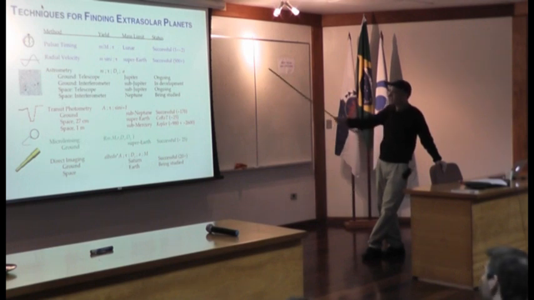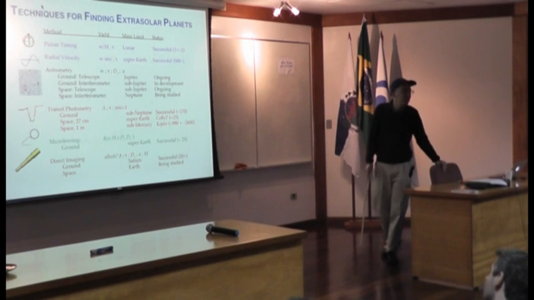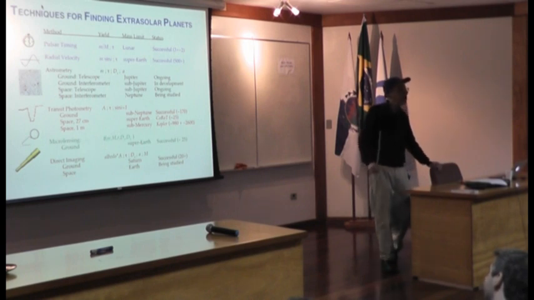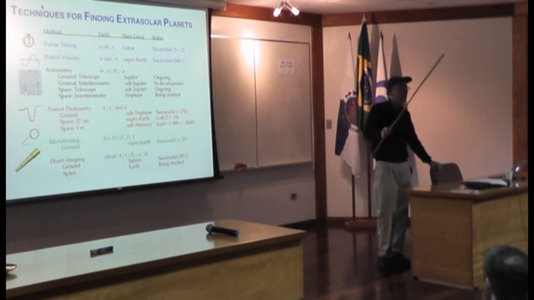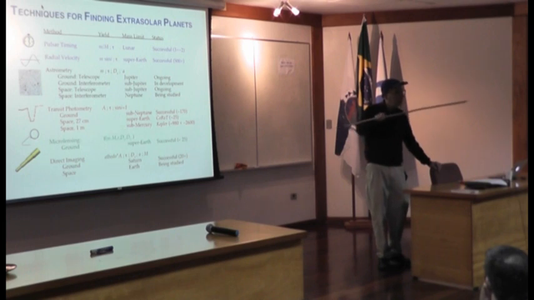And this has found planets not that much larger than Earth, not that much more massive than Earth. Now, with radial velocity and with pulsar timing, you're measuring just one component of the motion of the star.